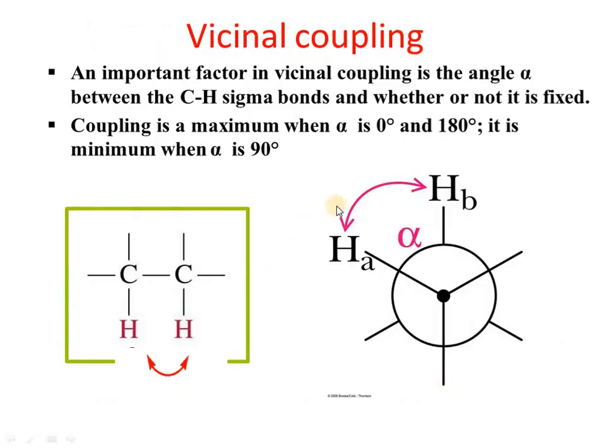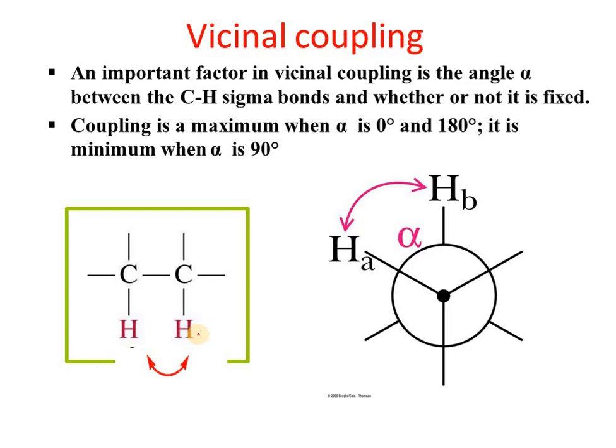Now, the coupling constant is different in different types of protons. If the protons are vicinal protons, then there is vicinal coupling. Vicinal protons means the protons which are present at adjacent carbons.